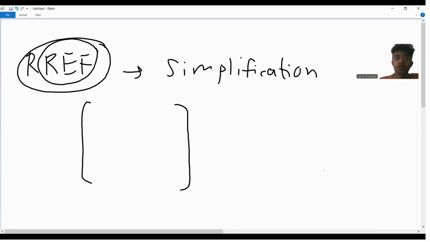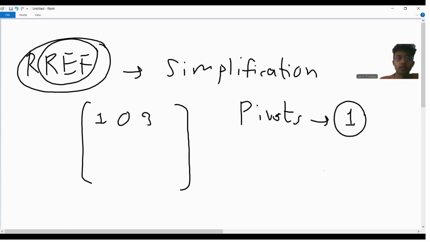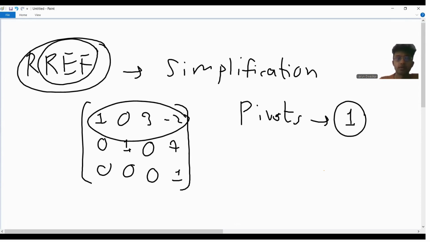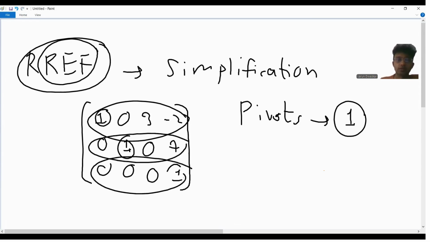One is that all the pivot values have to be 1, right? So like say 1, 0, 3, -2, 0, 1, 0, 7, let's say, and 0, 0, 0, 1. So here, the first pivot is 1. This is also 1, and this is also 1. So all the pivots are basically 1, right? They have to be nothing else apart from 1.